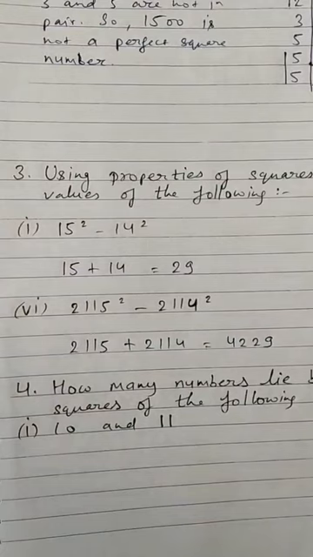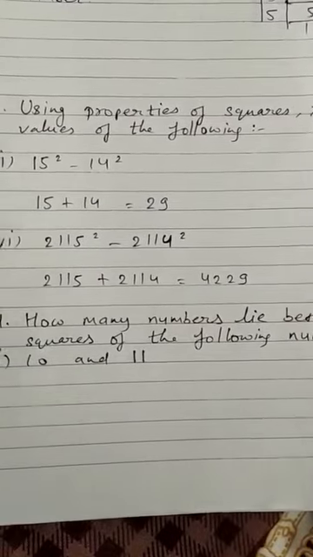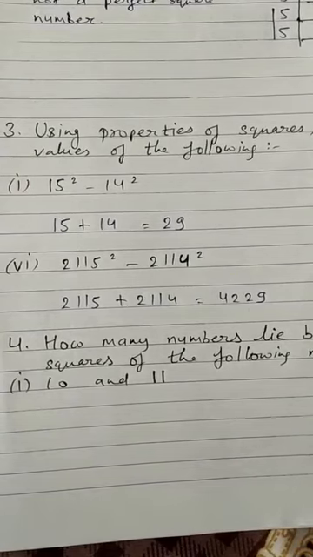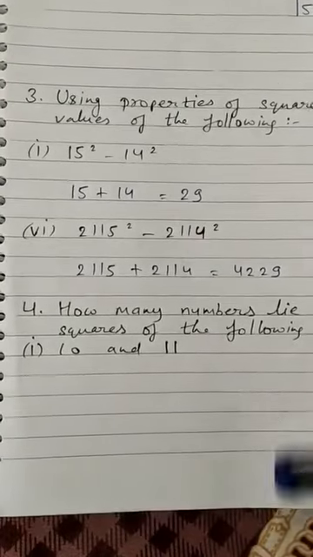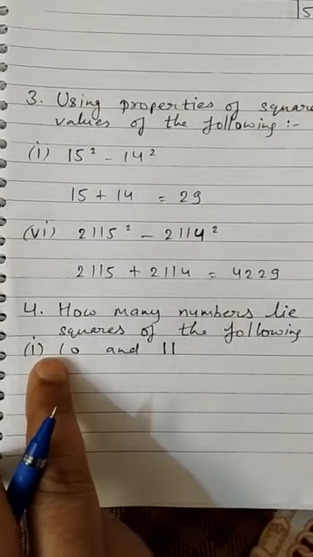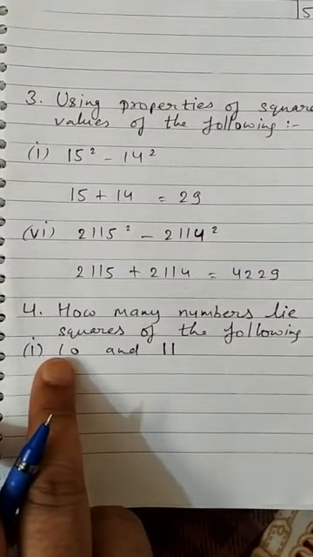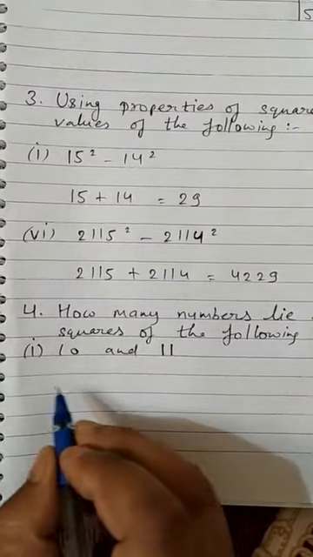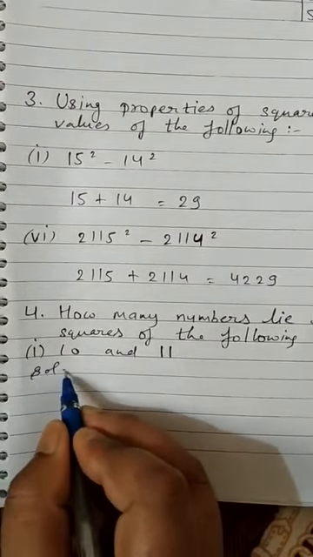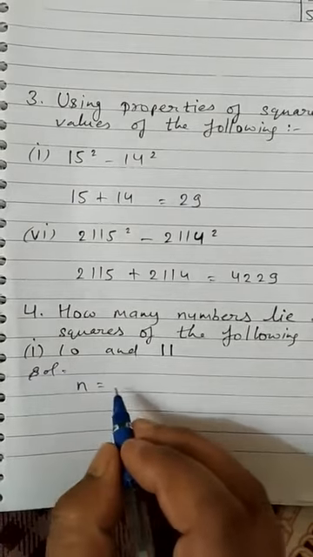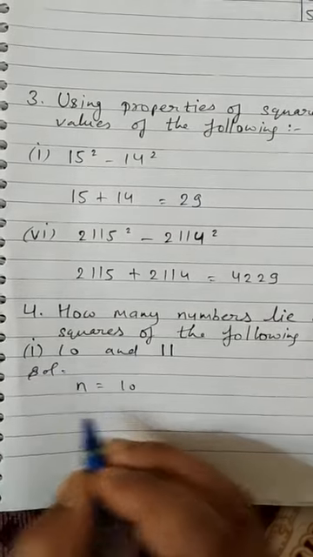Next is number 4. How many numbers lie between the squares of the following numbers, 10 and 11? Students, out of 10 and 11, the smaller number is 10. So there is a rule: the smaller number is taken as n.